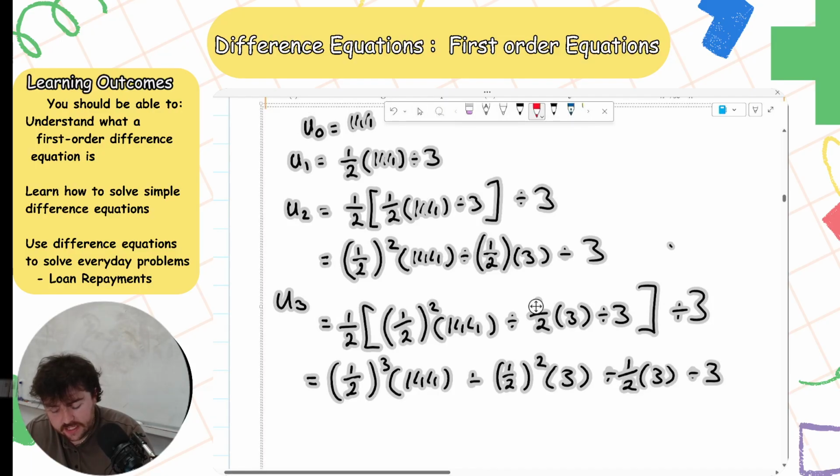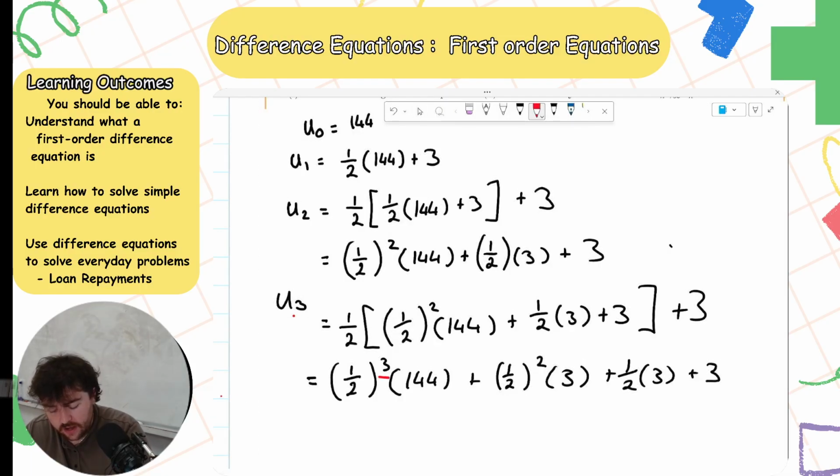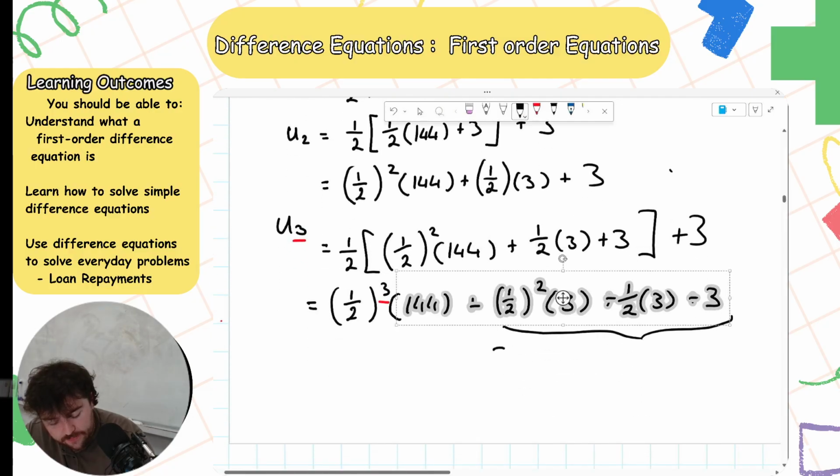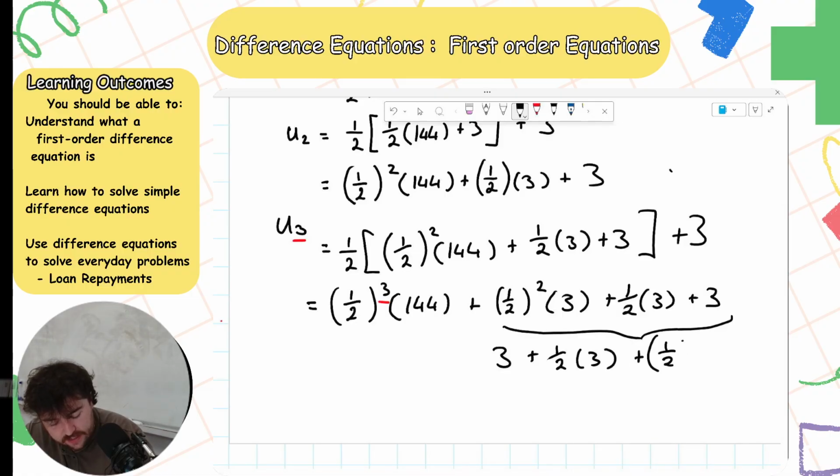What we're noticing here is the power of this number is always going to be my term number in my recurrence relation. And then if I reorder this here, this is going to be 3 plus a half times 3 plus a half squared times 3.